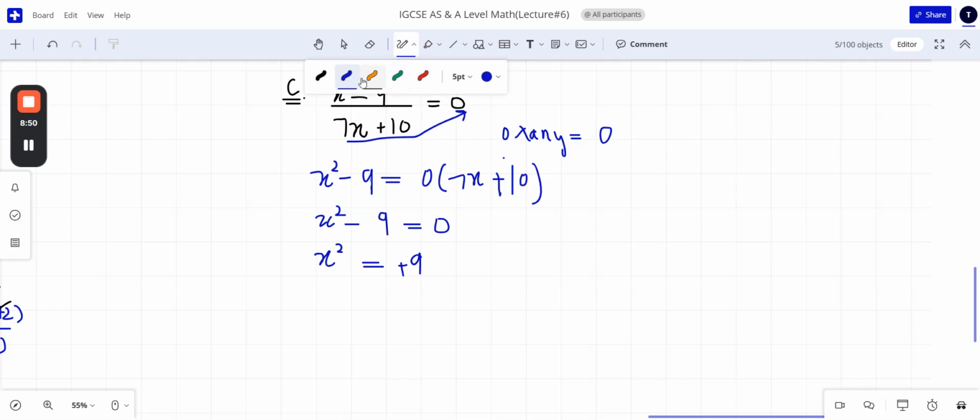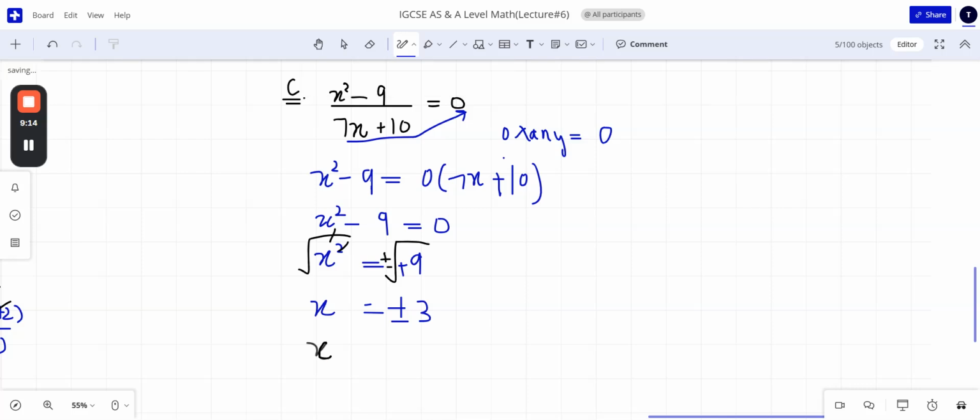So here we will take the root, and with the root we have to place the plus minus sign. Now the square and the root will cancel out, so x would be equal to plus minus root of 9, which is 3. So then we got the two values of x: minus 3 and plus 3. Plus 3 and 3 are the same.